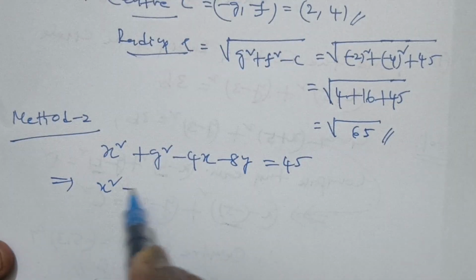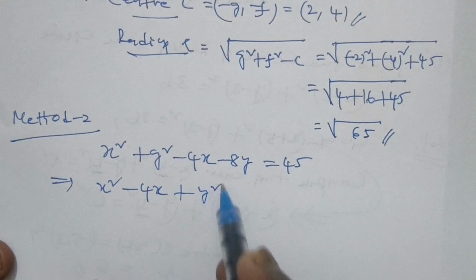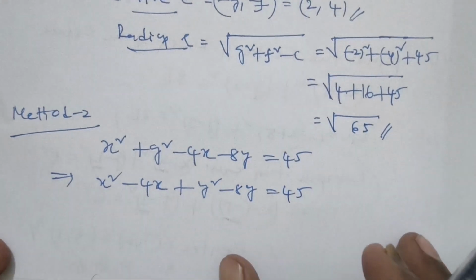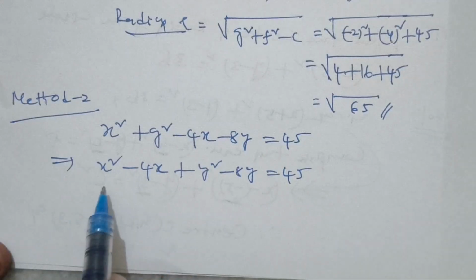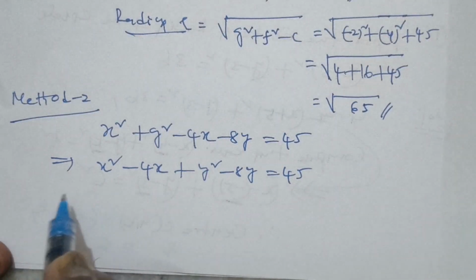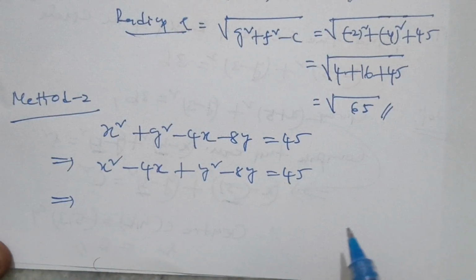So now we rewrite the given equation with the x values at one place. So that's why x square minus 4x. These are the two x terms, and the remaining terms, the y values, can be written at another place. Plus y square minus 8y is equal to 45.